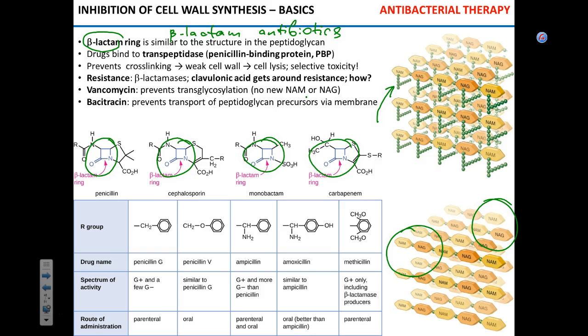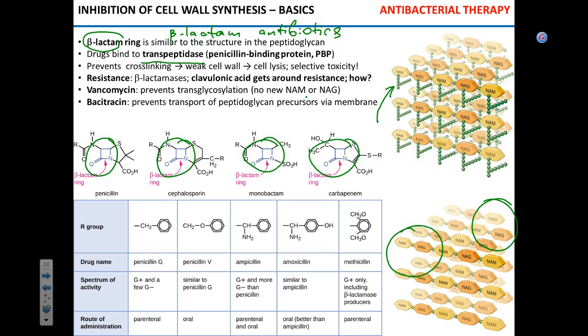Drugs that have a beta-lactam ring bind to and inhibit the enzyme called transpeptidase, also called penicillin binding protein, and inhibit transpeptidase function. Does that make sense?